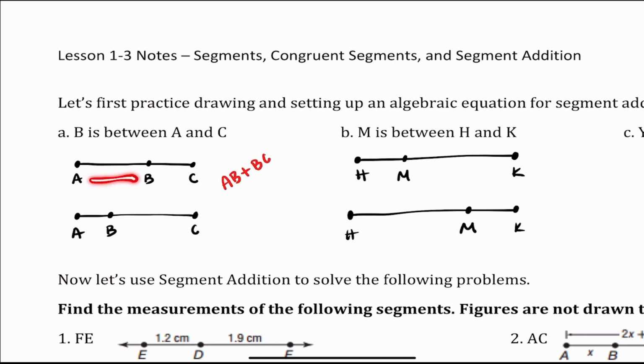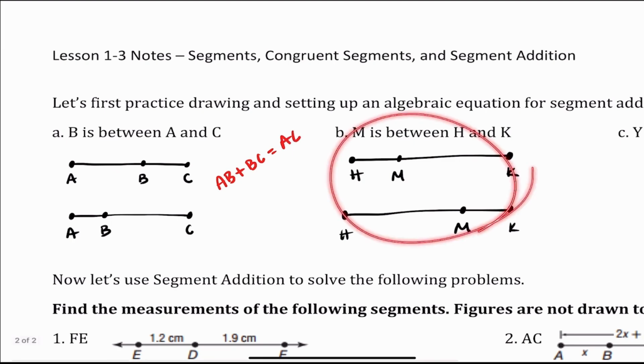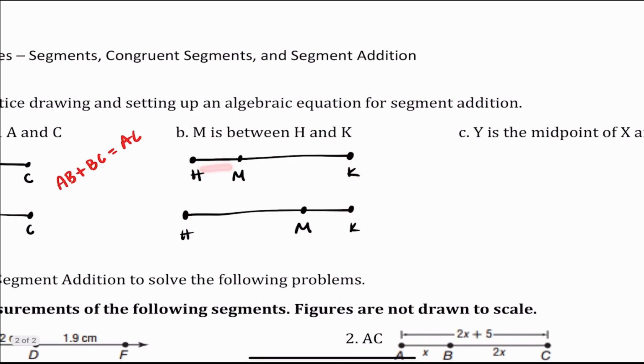So this is my part plus part. What's the whole thing? AC. And then over here, this is my part. That's my another part. What's the whole thing? HK. So HM is my part plus MK, which is my other part. The whole thing is HK. HM plus MK equals HK.